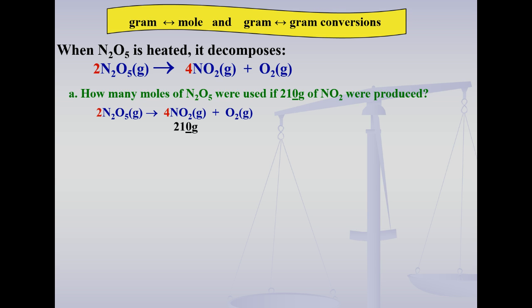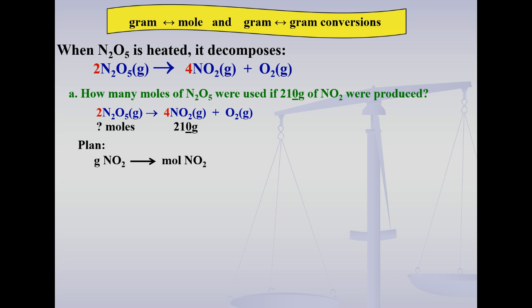So what do we know? We have our given, 210 grams of the nitrogen dioxide. We have our unknown, the number of moles of dinitrogen pentaoxide. Plan: we're starting with the grams of nitrogen dioxide. And what can we do with that? Well, the only thing we can do at this point is convert grams to moles using the formula mass.